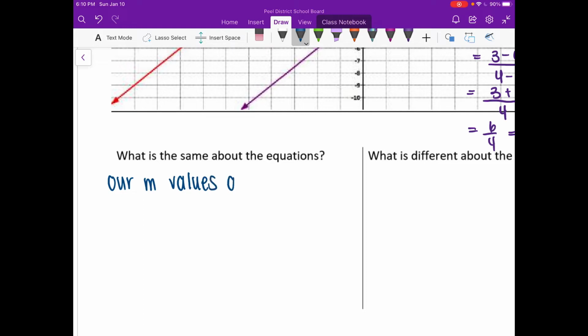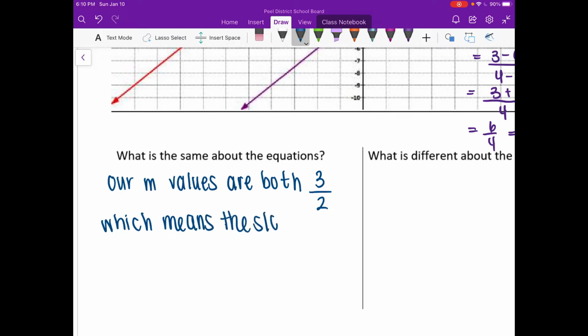Our m values are both 3 over 2, which means the slope is the same, right?